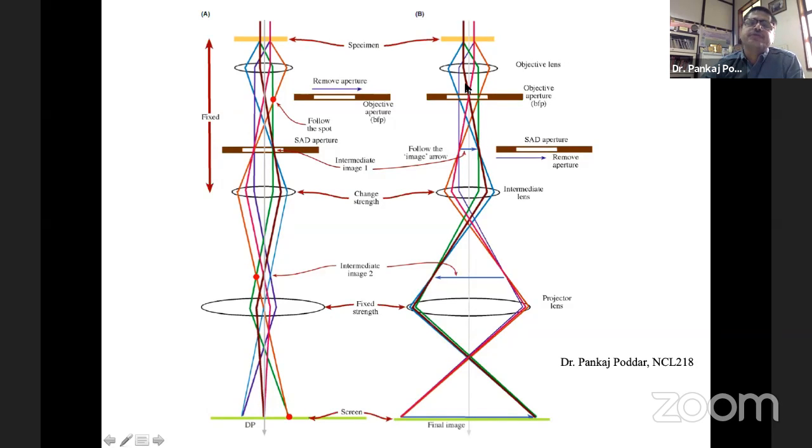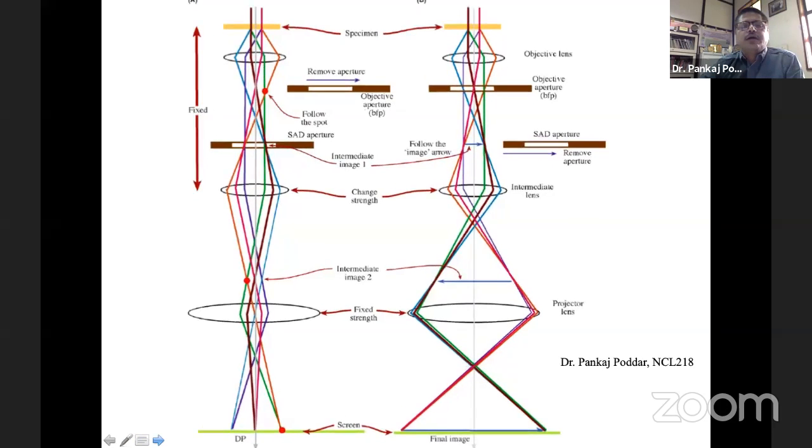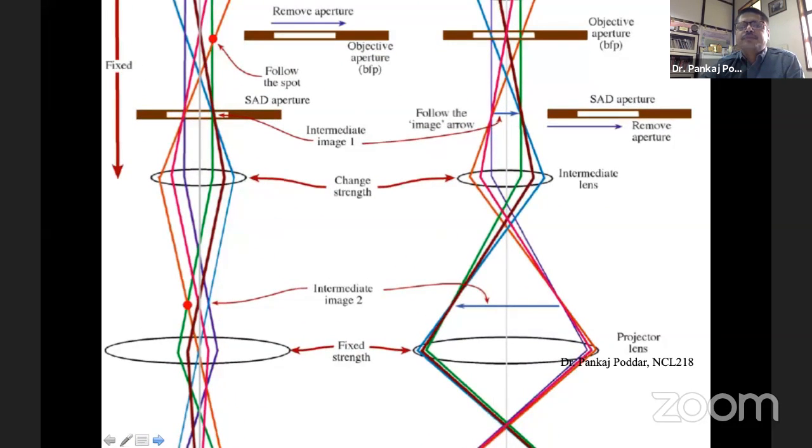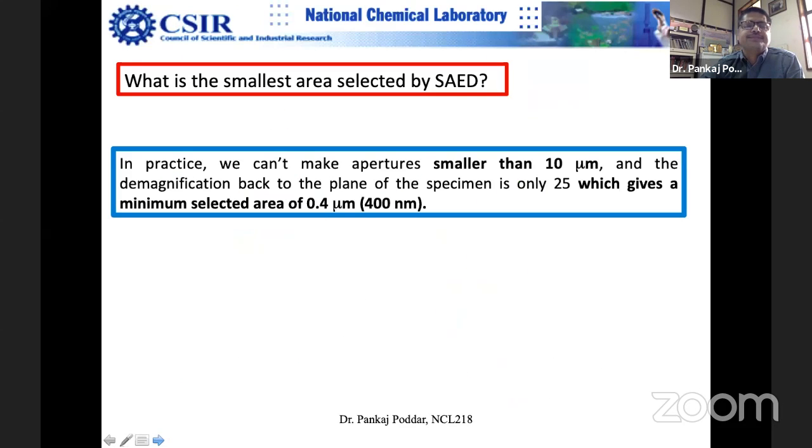In bright field, we select either the diffracted or the undiffracted beam. Please note that this is HRTEM mode because we are allowing both beams, and they're interfering here and forming the image here. This is a bit magnified, so you can see.